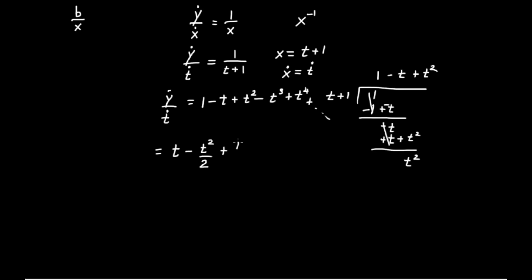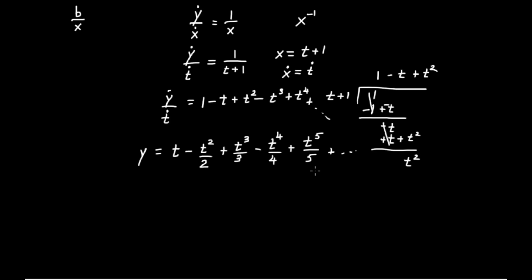The next term is going to be t cubed over 3 minus t to the 4th over 4. And hopefully you can see the pattern at this point. T to the 5th over 5, and so on. Still having that alternating series there. And that's equal to y. And of course I can tack on a constant of integration if I want, but I'm going to consider this particular one now.